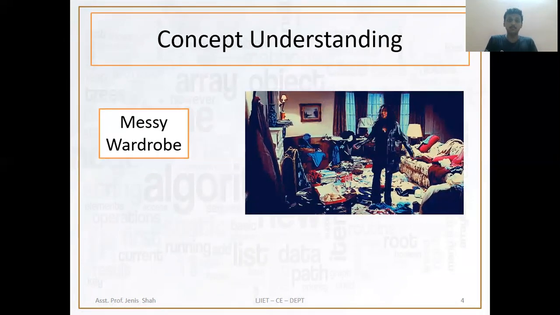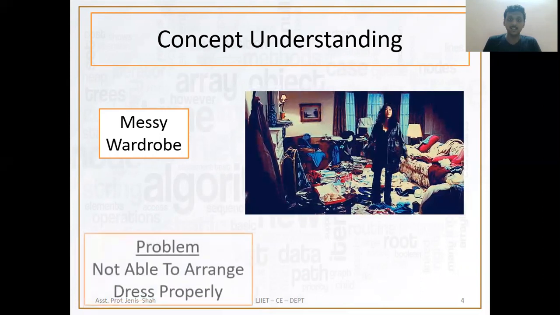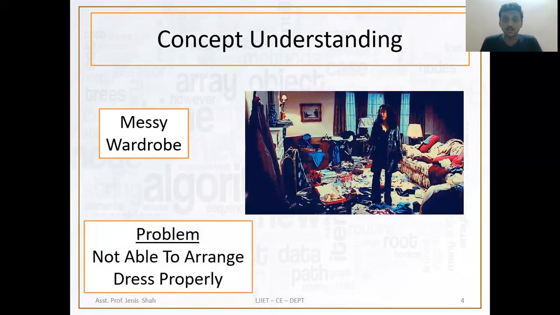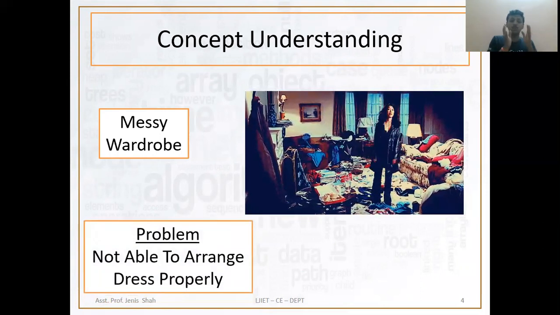Then mom comes over, finds the thing and gives it to you. But she also guides you that you should arrange your wardrobe properly, so you can find many things very easily. So what happens if you have not arranged your wardrobe properly? You're not able to find things.